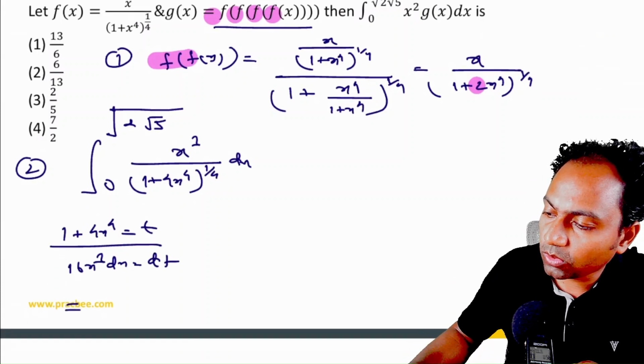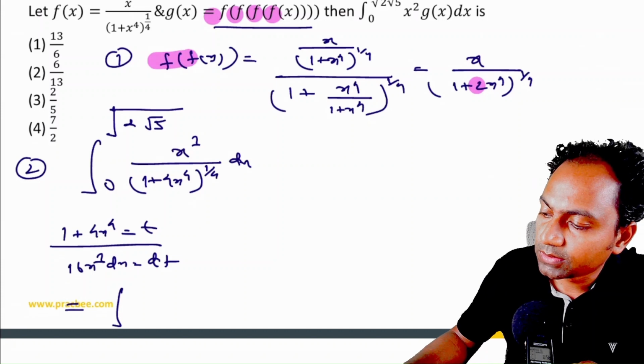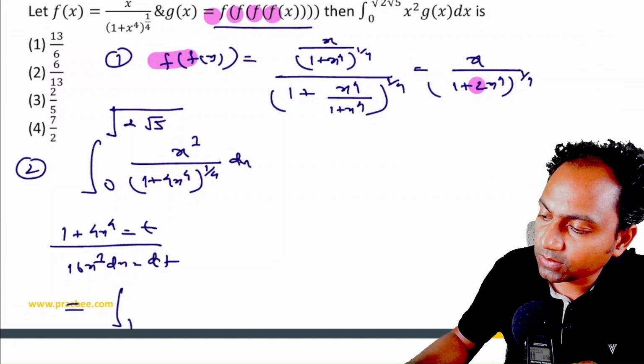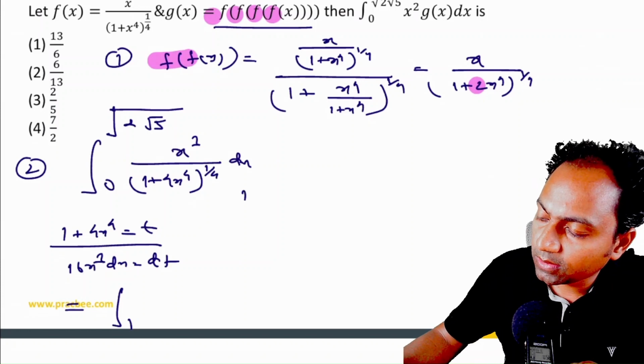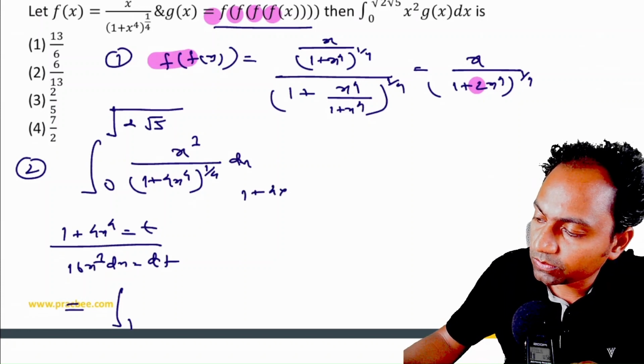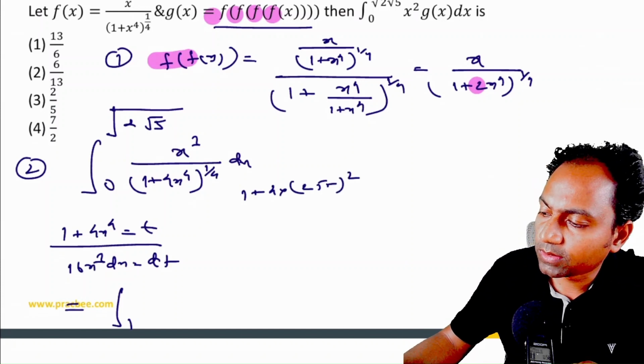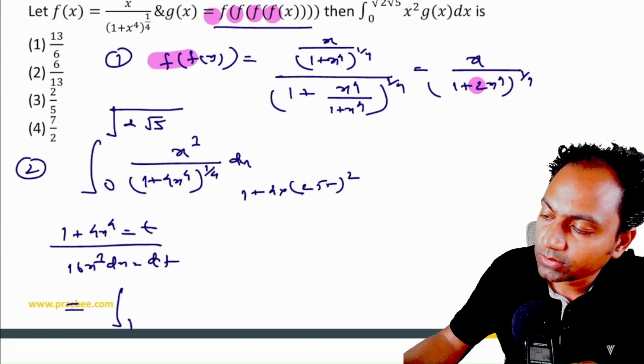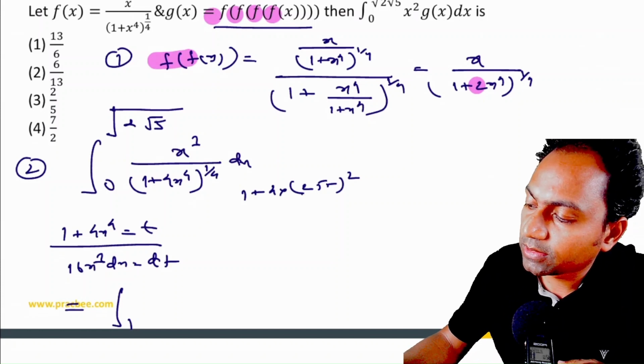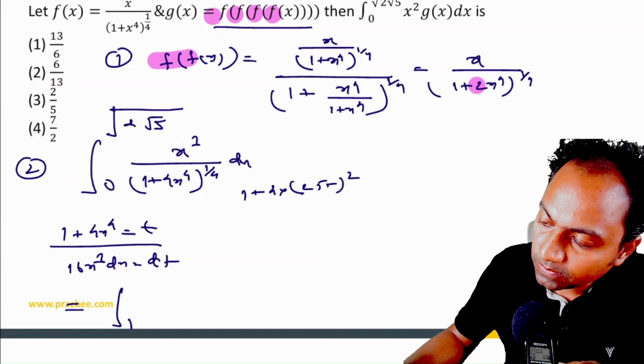Once I put all of these values here, if I put 0, this becomes 1, and for 2 root 5, it becomes 1 plus 4 into (2 root 5) whole square, and this will become 20. So 20 into 4 is nothing but 80, and this becomes 81.